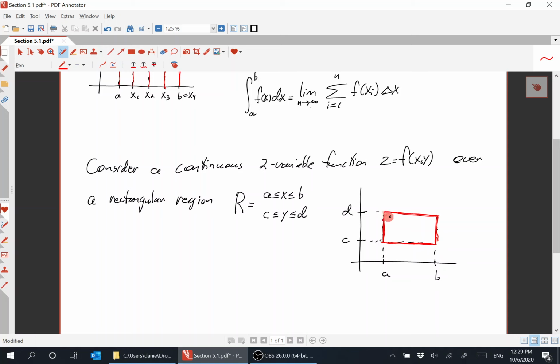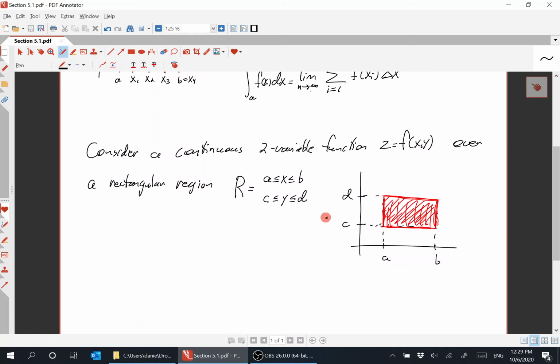Okay, so we've got this rectangular region, and what we're aiming to do right now is to measure.